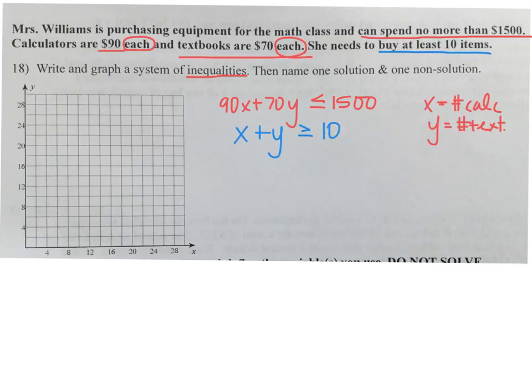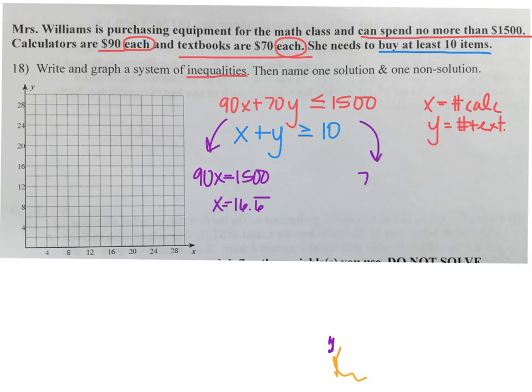So to graph these, remember we're going to split into intercepts. So if I take this first equation, on this first equation, I'm going to get 90x equals 1500. And then we're going to divide to get our intercept. So on that one, I got my intercept to be 16.6 repeating.